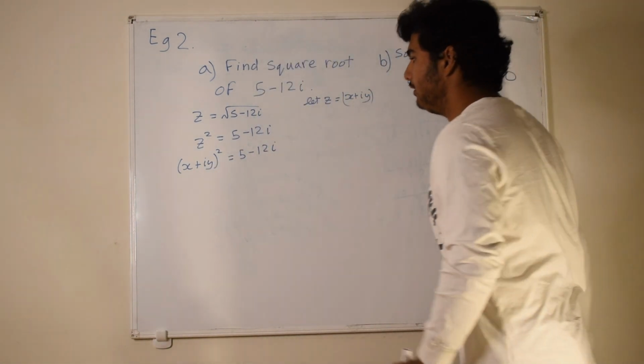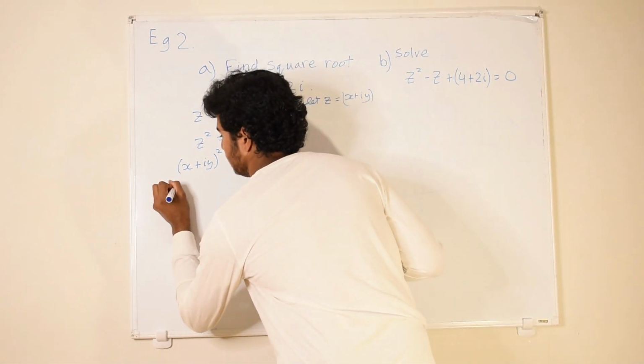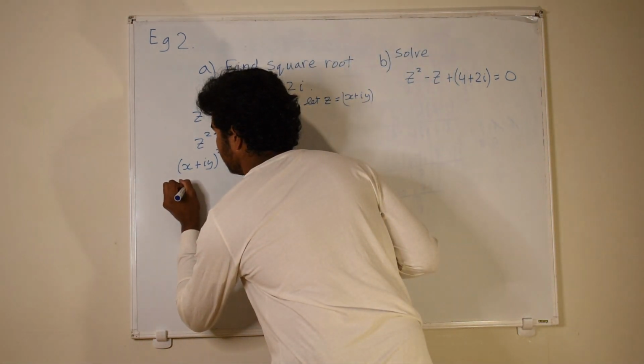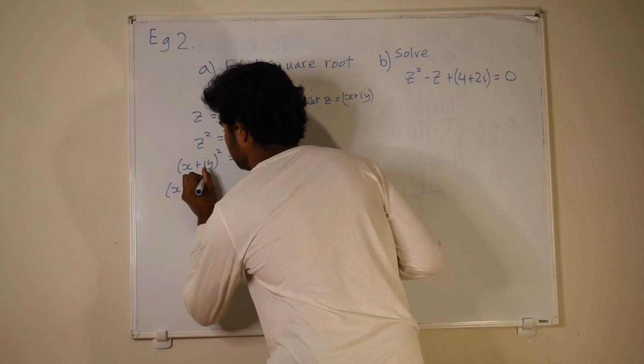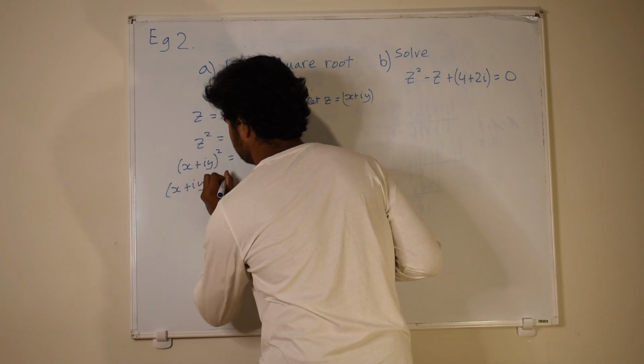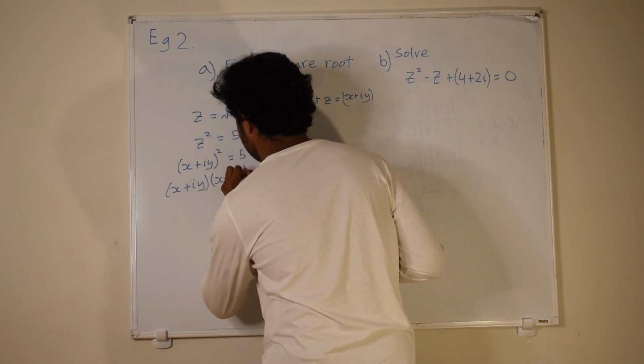Expand the left hand side. We do the long way: (x plus iy)(x plus iy).